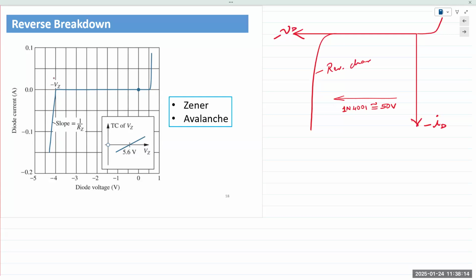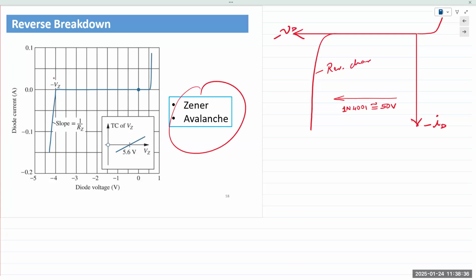All right. So there are two mechanisms that we look at in reverse bias. Breakdown occurs due to the Zener effect and the avalanche effect. Both of those are distinct.